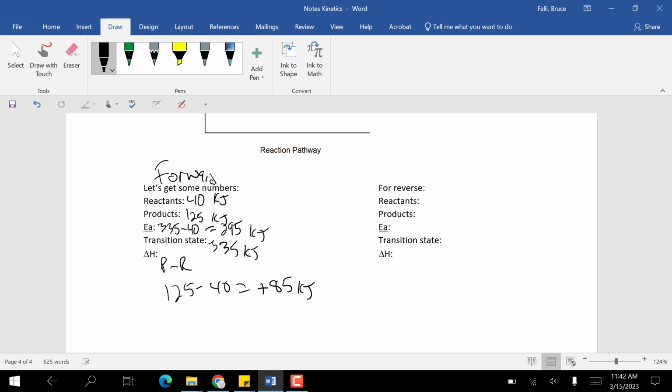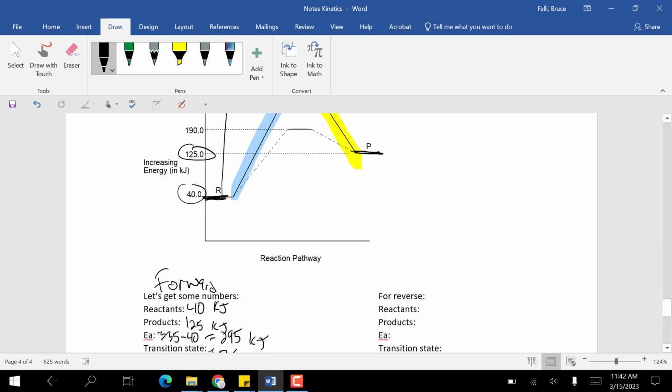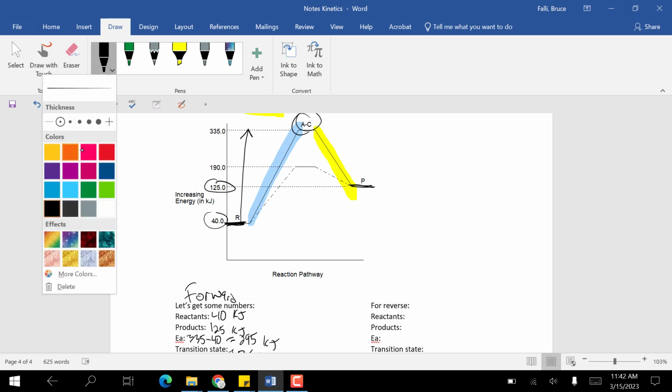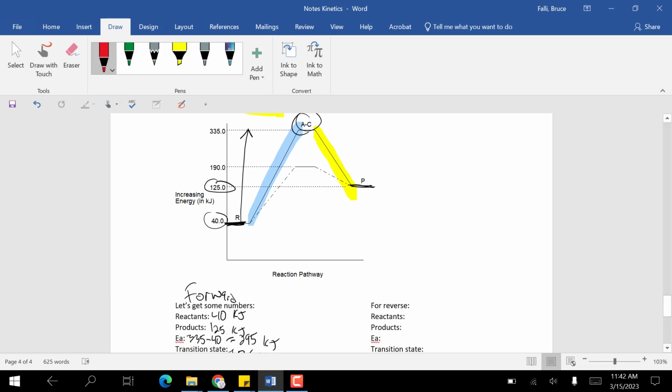And we're good. Now for the reverse reaction. We're just going to ask you about a reverse reaction. Many reactions are reversible. So in this case, I'm going to change my color from black to red. These would be my reactants now. So my reactants are going to be 125. My products are going to be this part here now, 40.